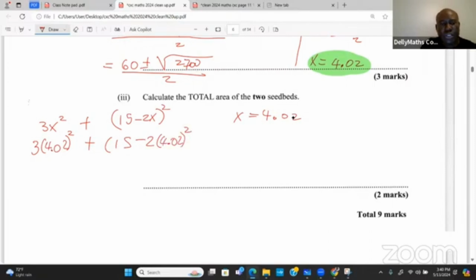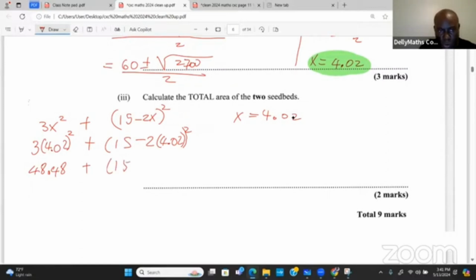So let us just go ahead and do that. So 4.02 squared, that's 16 point something times 3. I'm getting 48.48. All right. So that's one there. Then 15 minus 2x squared.